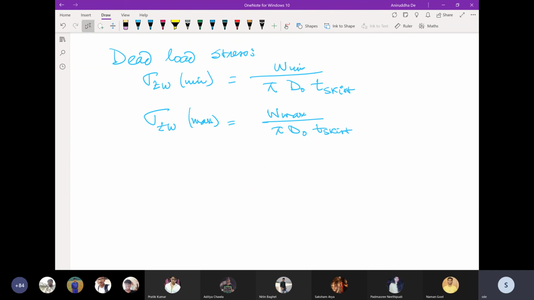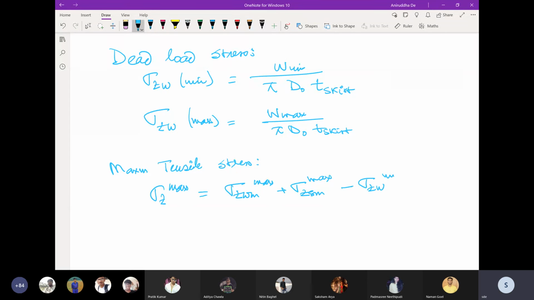So we have maximum tensile stress, sigma Z max, equal to sigma ZWM max plus sigma ZSM max minus sigma ZW minimum. That has to be equated for Fj.